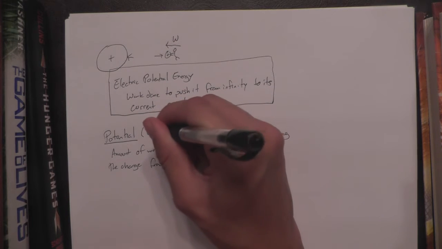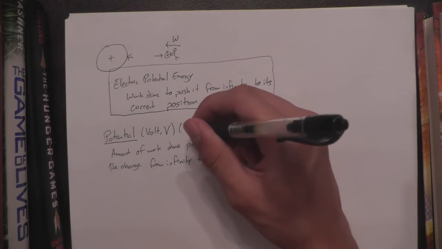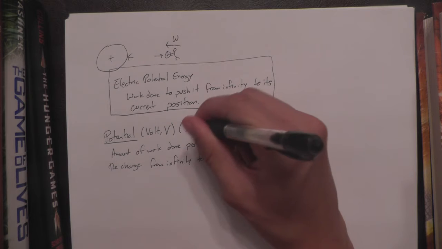And so the unit of potential is the volt, named after Alessandro Volta, creator of the voltaic cell, which is important for reasons we once again will discuss later. And the symbol for the volt is V, of course, but the volt is also known as the joule per coulomb.